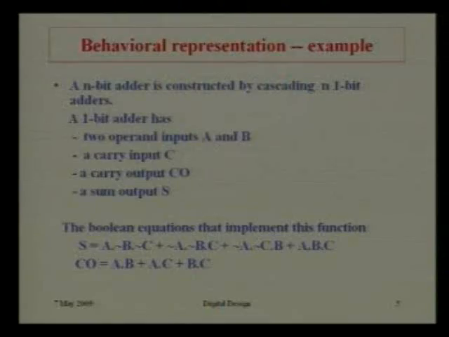The Boolean equations that implement this function: the sum S is A B bar C bar plus A bar C bar B plus ABC. This is the sum expression, and the carry out expression is AB plus AC plus BC.